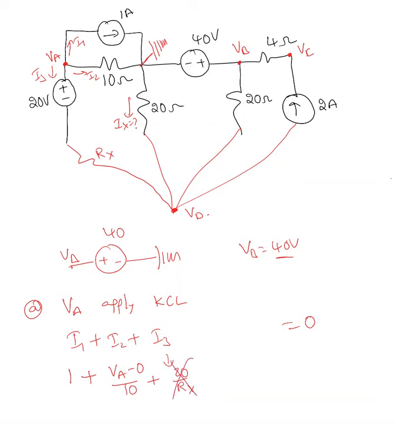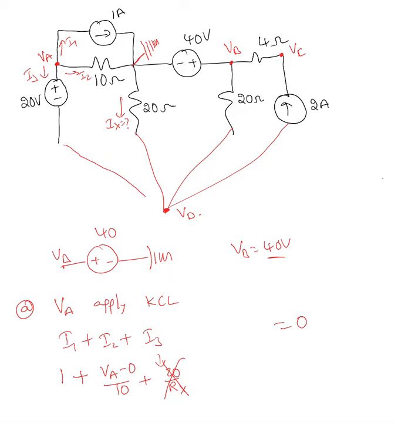Because whenever I'm writing I3, it must be the voltage drop across Rx divided by Rx. That's what you need to write. Anyway, here in this case I don't have Rx, so don't worry about it. So I cannot write an equation for I3.